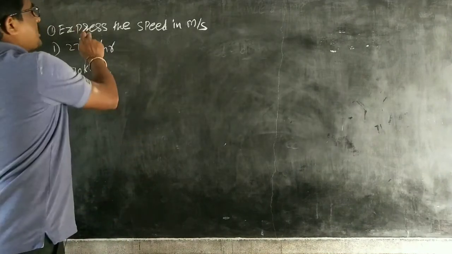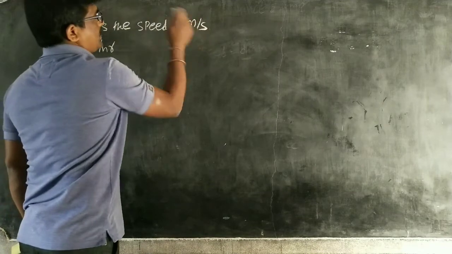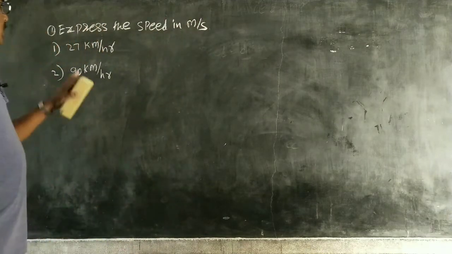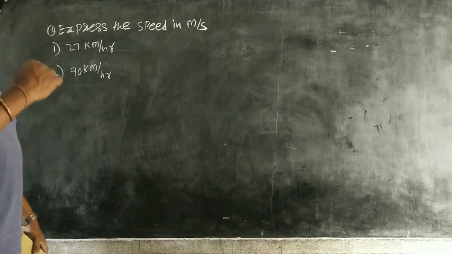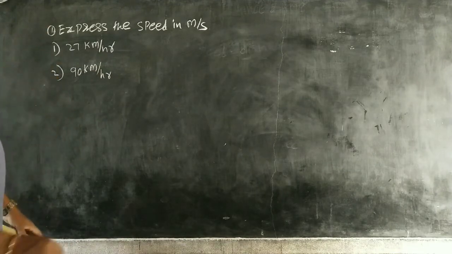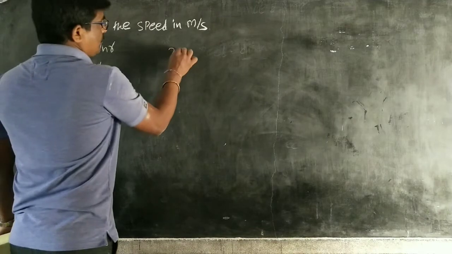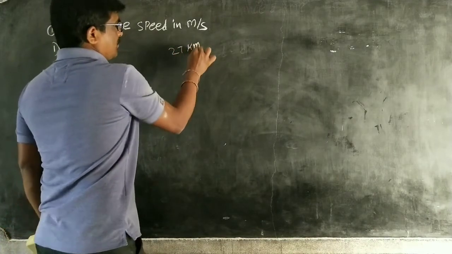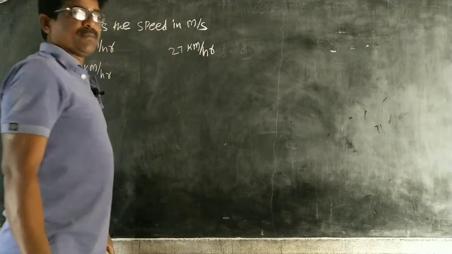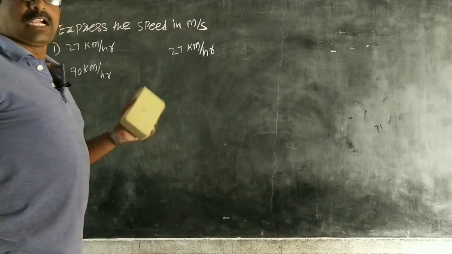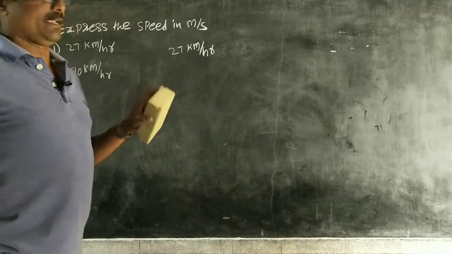Next. Express the speed in meters per second. It is given in kilometers per hour. We are going to change it to meters per second. So simple thing. 27 kilometers per hour. So I am going to convert into meters per second. So what we have to do? We have to multiply with 5 by 18.